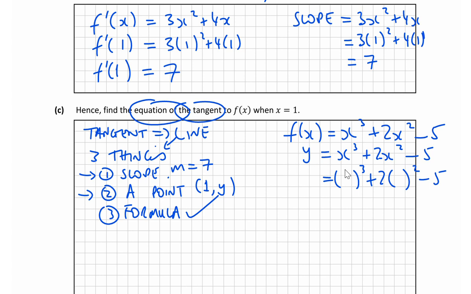We need to find that. Subbing it in here, we get 1 cubed is 1, 1 squared is 1, 1 plus 2 is 3, 3 minus 5 is minus 2. So when the slope is 7, the point is (1, -2). So we're off and running now.